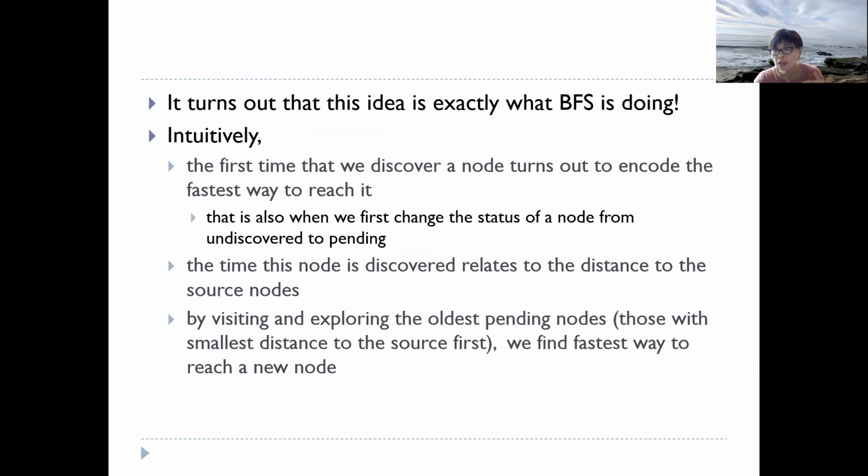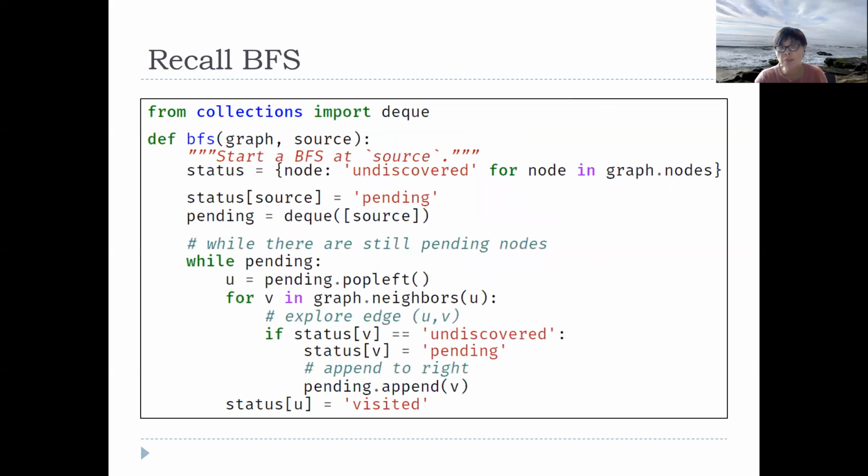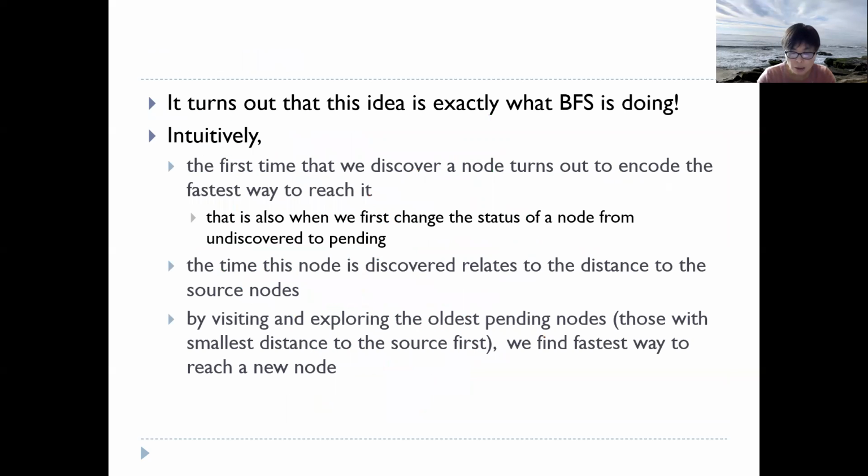So intuitively, here's the breadth first search algorithm, the code, just to remind you. Remember that in BFS, after we first find a node, we change it from undiscovered to pending. You can think that is the first time we found a way to reach this node.